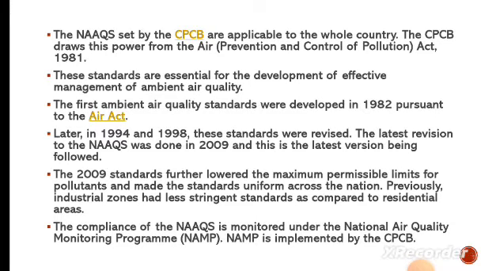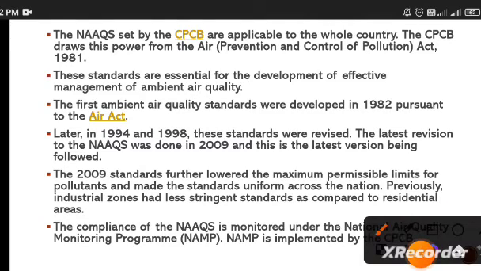Now, let's know some important points about National Ambient Air Quality Standards. These standards are set by the Central Pollution Control Board and are applicable to the whole country. The Central Pollution Control Board draws this power from the Air Prevention and Control of Pollution Act 1981.